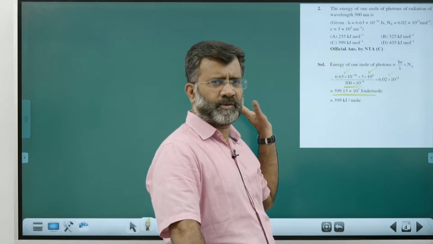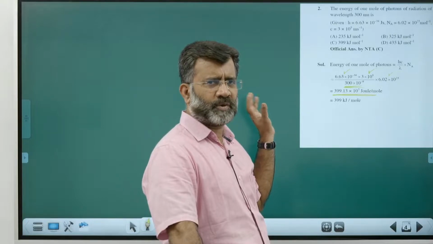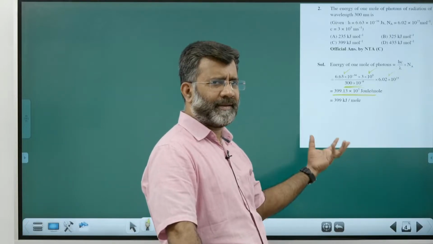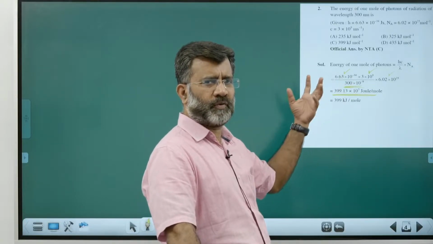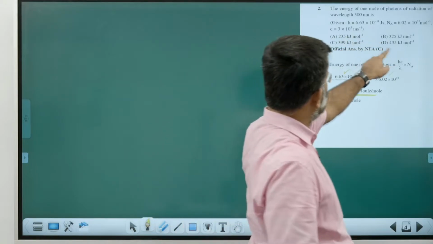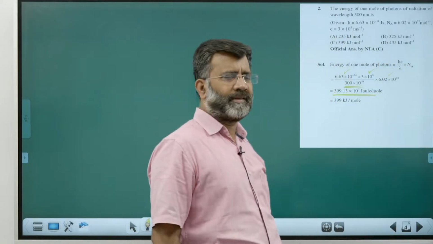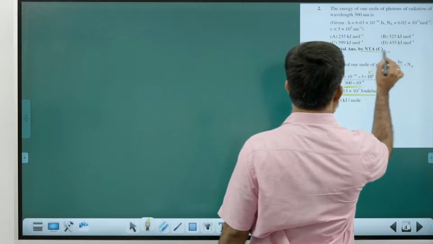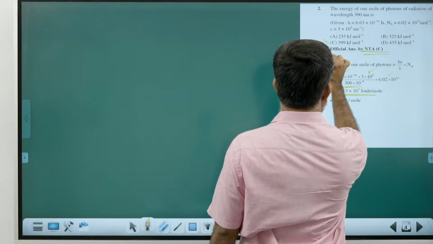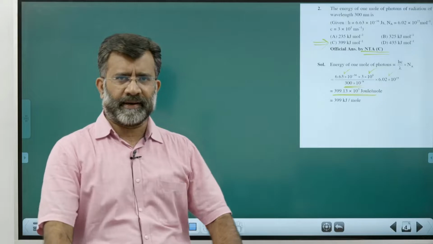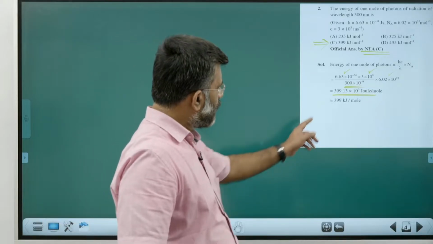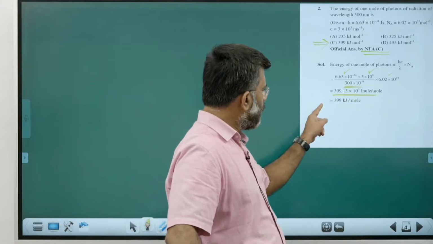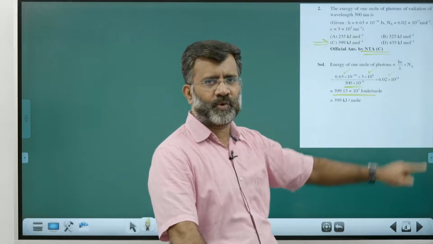Simple calculation only. The substitution is simple data, so you can easily calculate. You will get close to 400, and only one choice is in the range of 400. Answer is option C, as it is coming 399, close to 400, into 10 power 3 joule per mole, and it will be 399 kilojoule per mole.